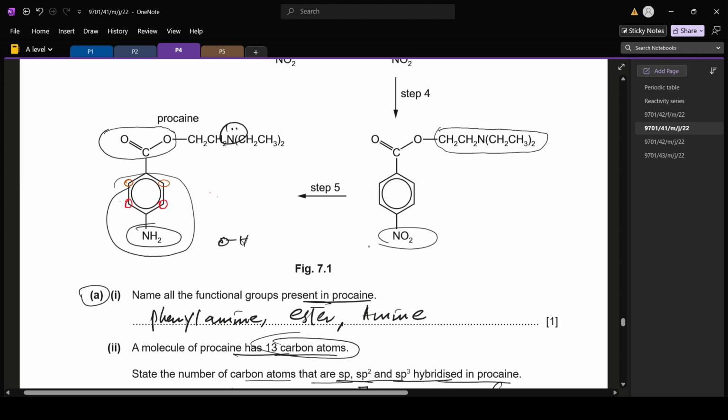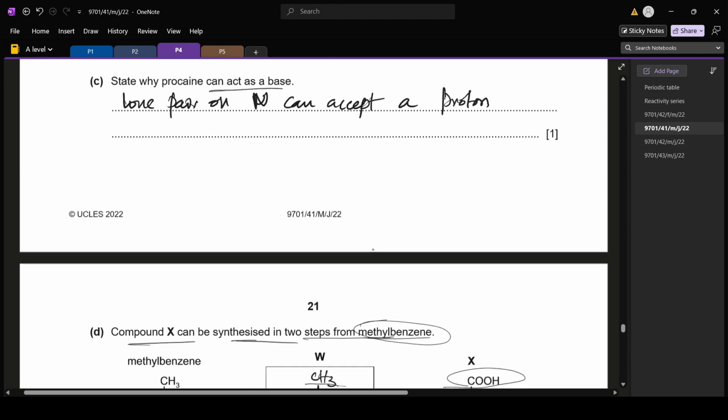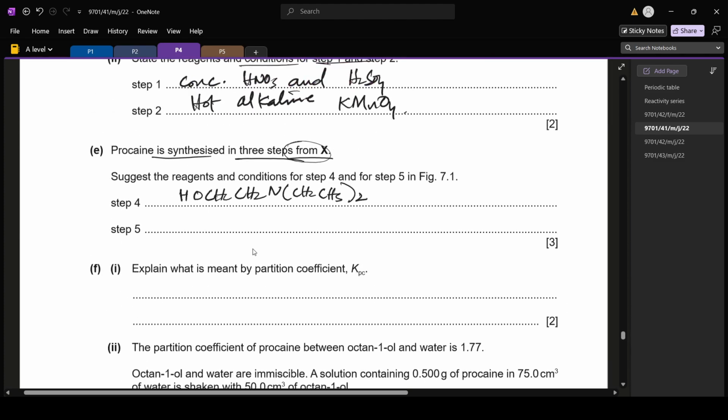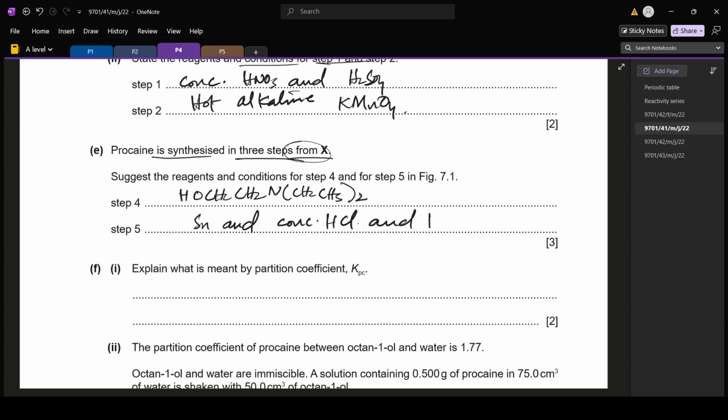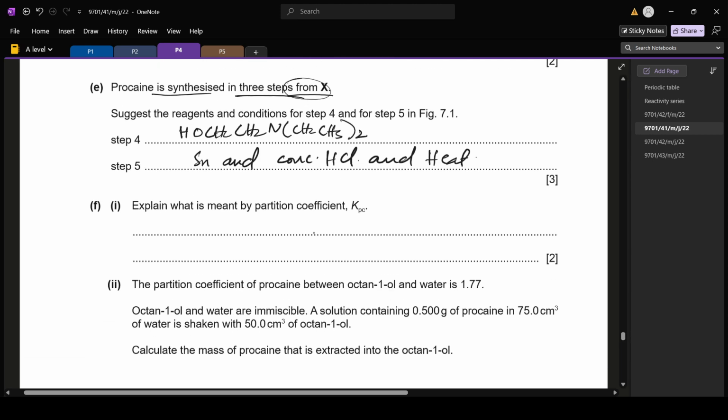When you reduce nitrobenzene, this forms phenylamine, and the conditions for this reaction are tin and concentrated HCl, and heat also. These conditions you have to remember them.